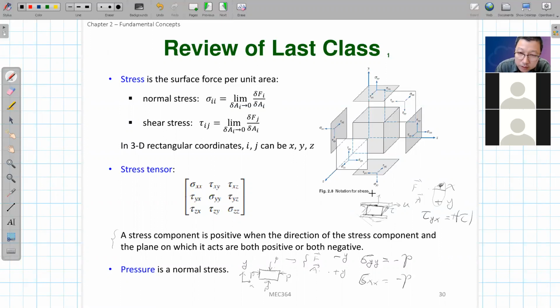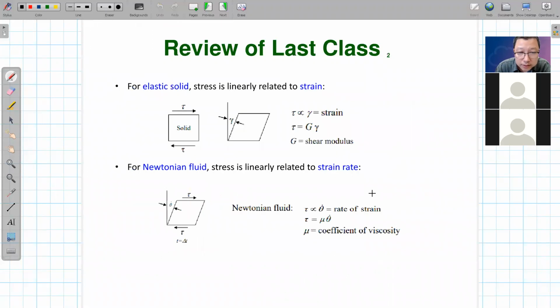And another thing that we talked about at the end of the last class is how to calculate the viscous effect. This is something we discussed in the first class, in chapter 1, where we try to distinguish the difference between a solid and a fluid. In an elastic solid, the stress is linearly dependent on the strain.